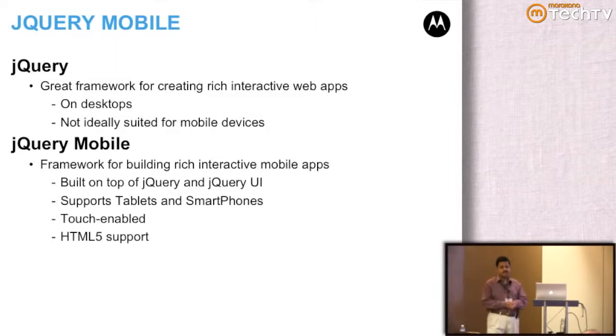It also takes advantage of device features like swiping, tapping and holding and things of that nature. So, it is really meant for mobile devices. It supports HTML5 so that any application that you build, you do not have to port it to different platforms. Any device that supports HTML5 runs your application without any change.